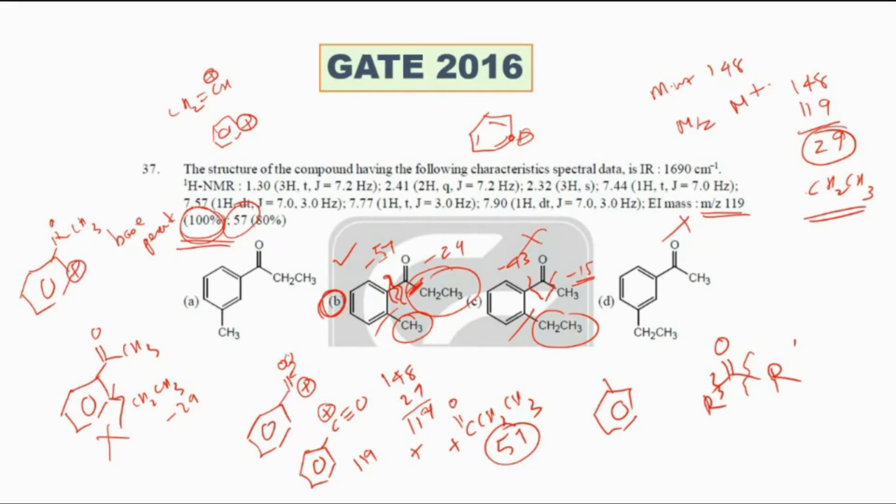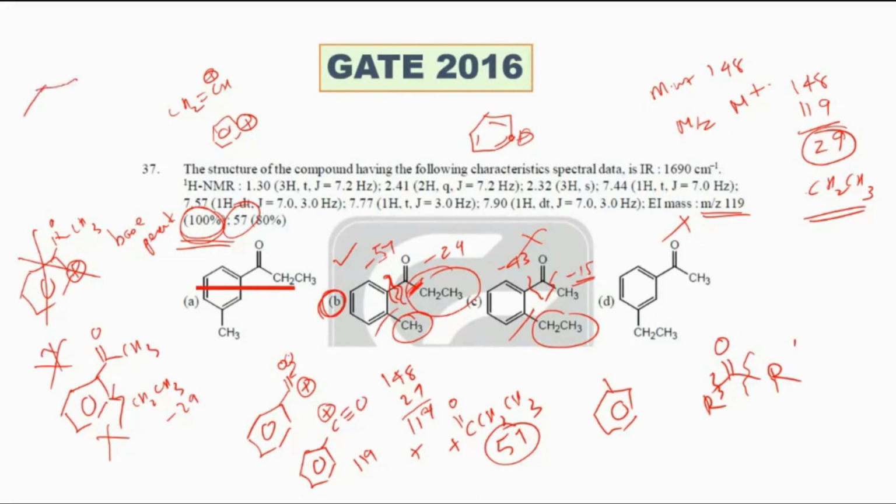The base peak results from the formation of a carbocation, a fragment which gives a stable cation will only be the 100% base peak. So when a value comes as the base peak, it means the fragmentation is very stable, very facile fragmentation. But this fragmentation is not facile. So there is no possibility of a 100% peak from this fragmentation.